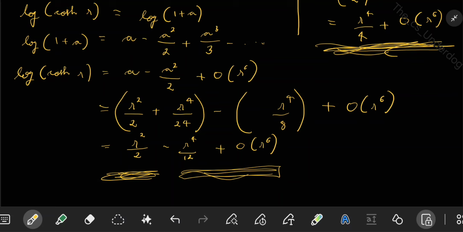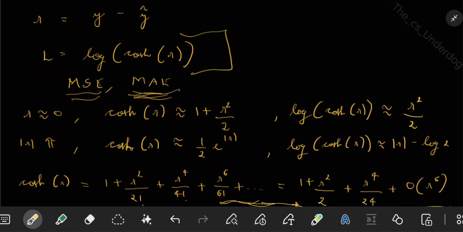Because of that, you can say the leading term is r square by 2. That is how I wrote here log cos h of r is nearly r square by 2. That is why I put nearly equal to, not actually equal to. It is almost r square by 2. I just wanted to clarify this part so that you don't have the doubt of how I got that value. Now we'll get back to whatever we were talking about.